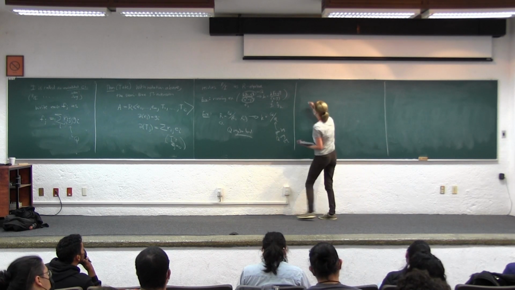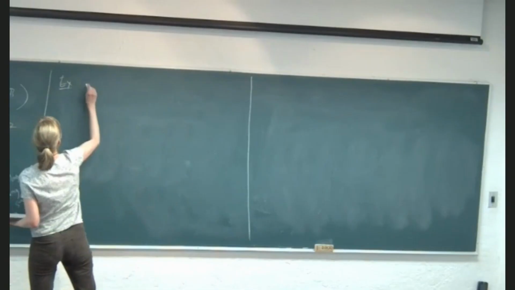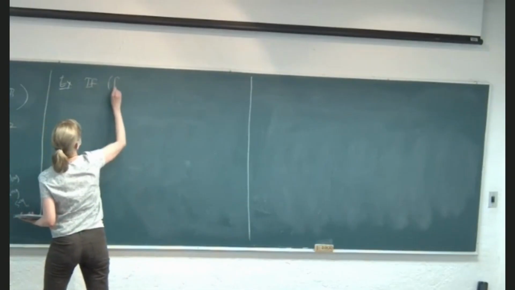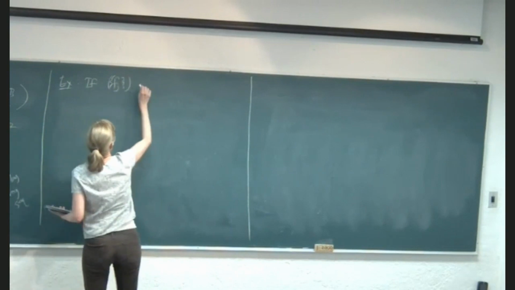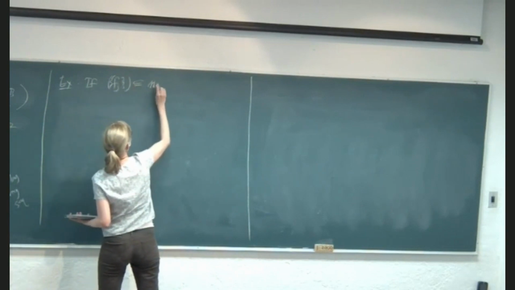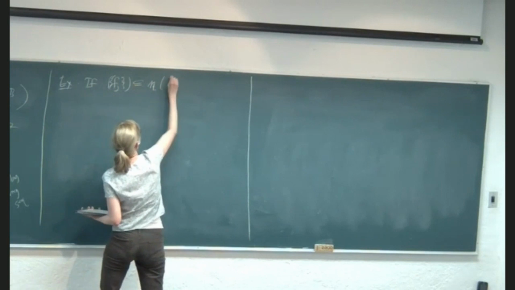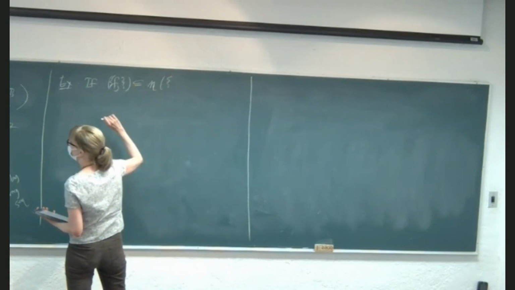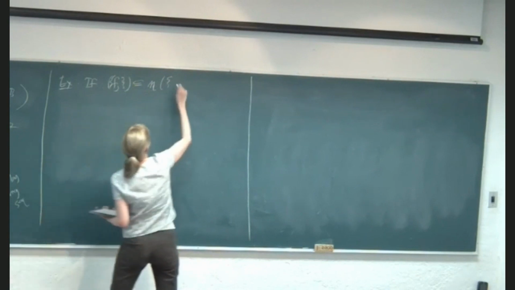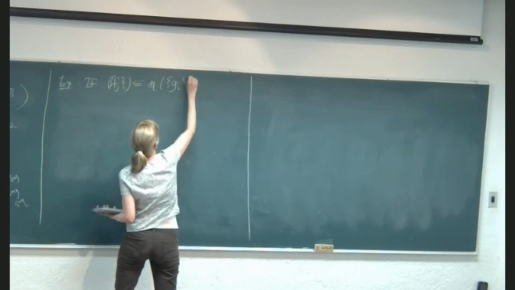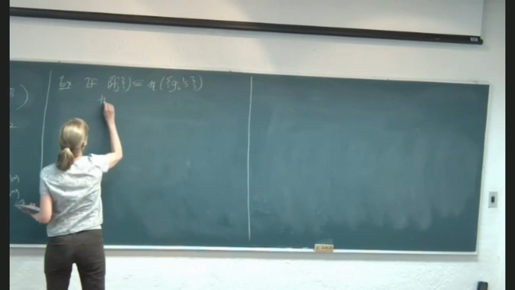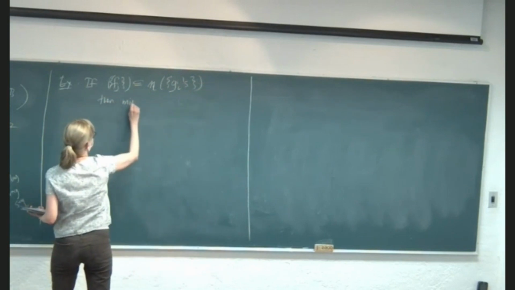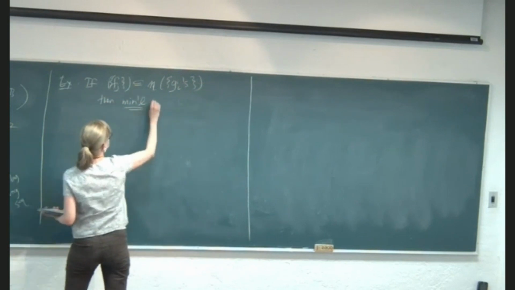One of them is that if the Fj's are actually contained in the maximal ideal times the G's, then this is actually a minimal resolution.